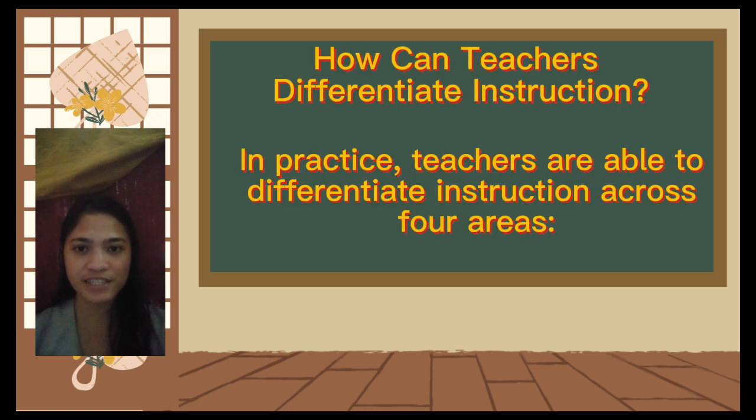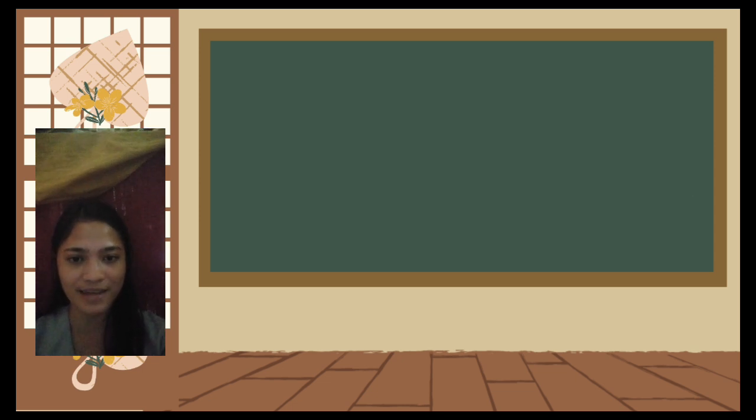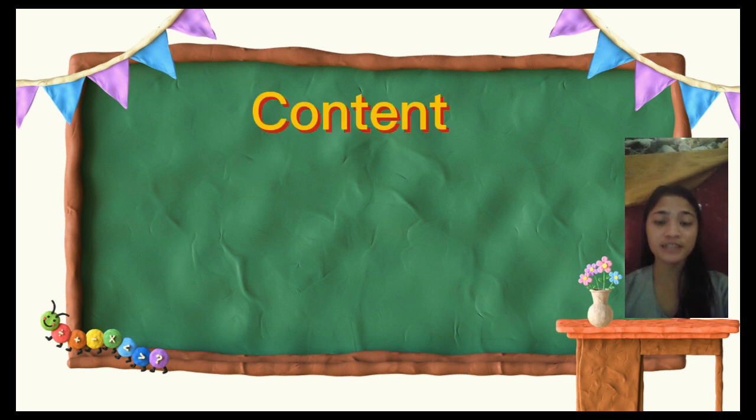How can teachers differentiate instruction? In practice, teachers are able to differentiate instruction across four areas. The first, the content; the second, the process; the third, the product; and the last is the learning environment. And now, let's tackle first the content.